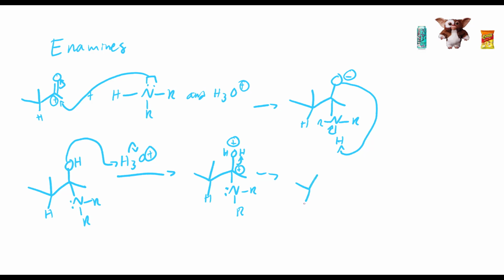Whenever that happens, the nitrogen can make a double bond with the carbon, because it has that lone pair of electrons. So these electrons are going to swoop in and make that into a double bond right there.